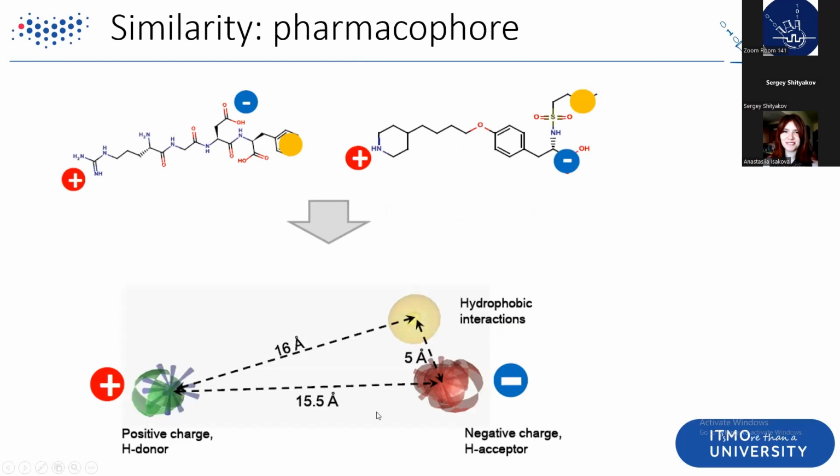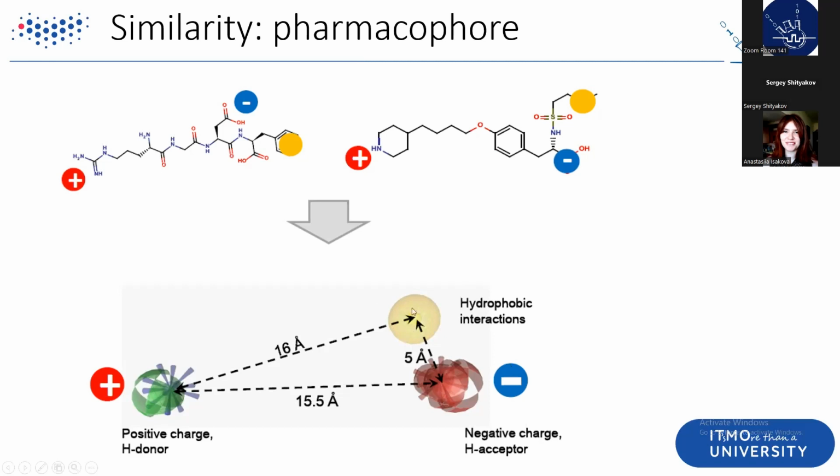And when you create a geometrical representation of this pharmacophore, then you can see that if you measure the center of these groups, moieties, you will get very similar distances between these centers.